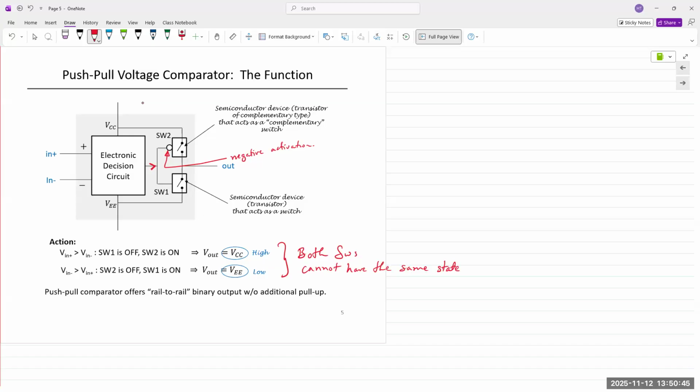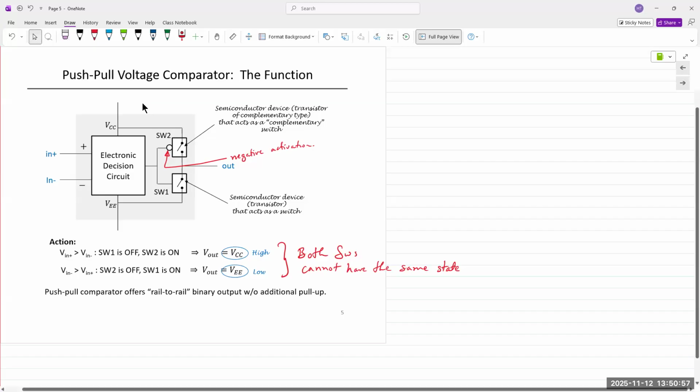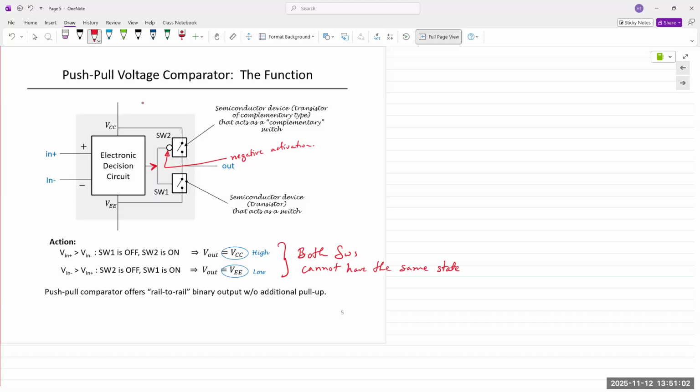When the positive terminal of the input is higher, then the output goes high. If the output goes high, V out is equal to VCC. Wait, this should be the other way around. I think these two would be switched.